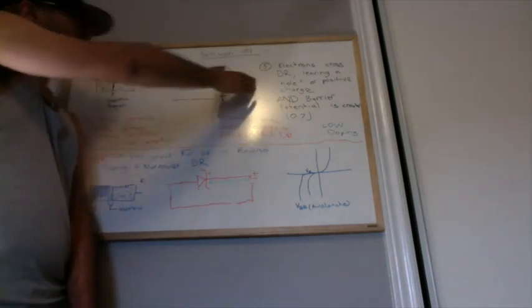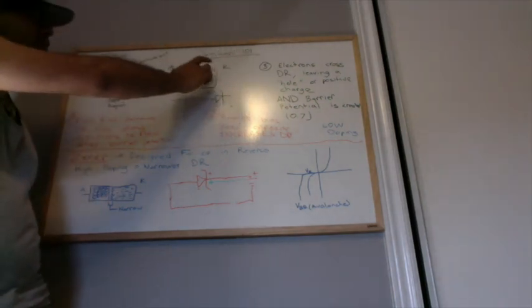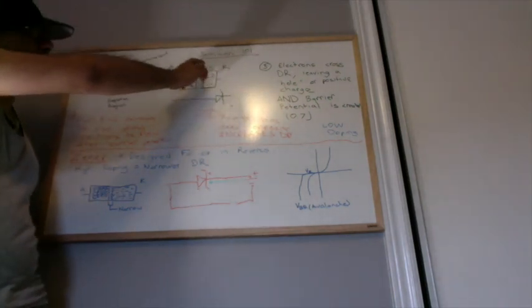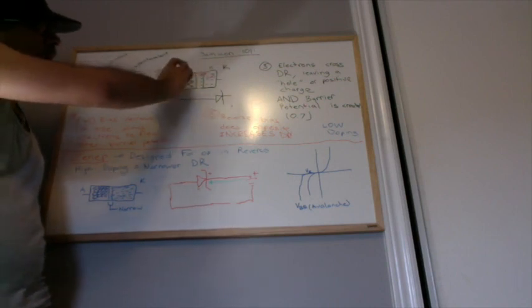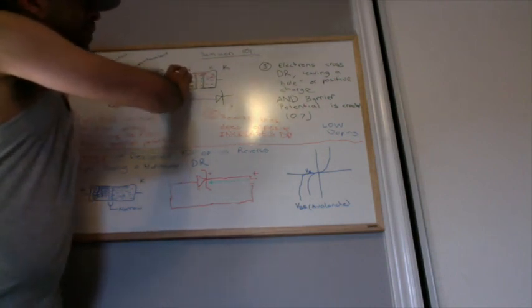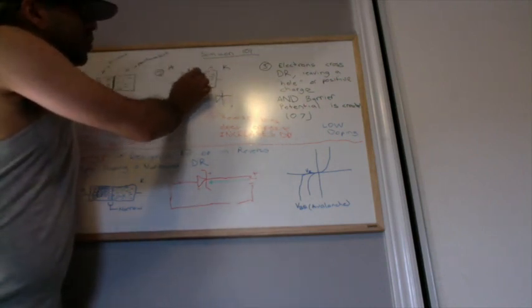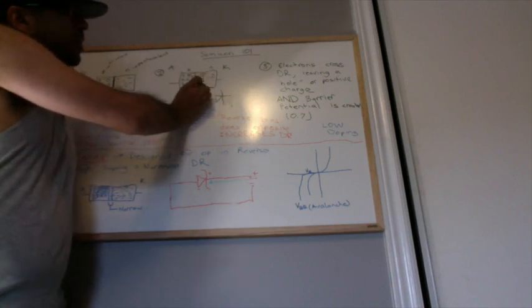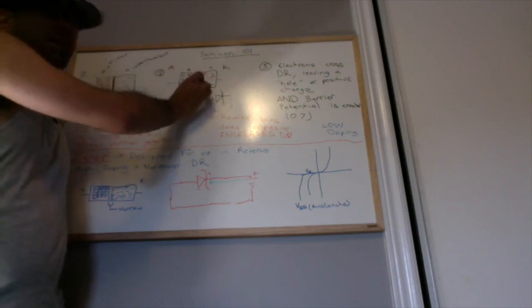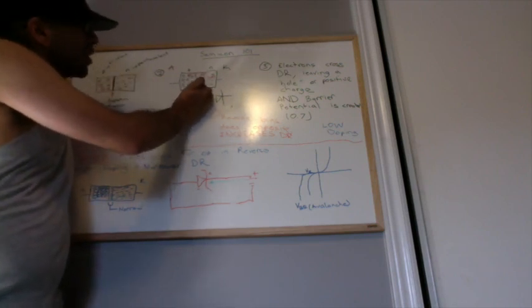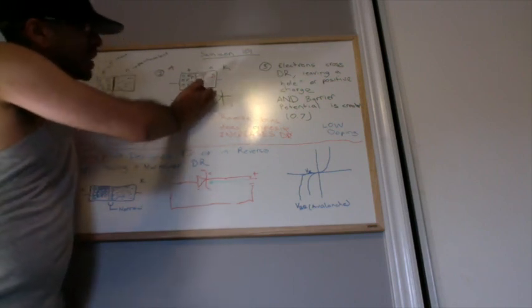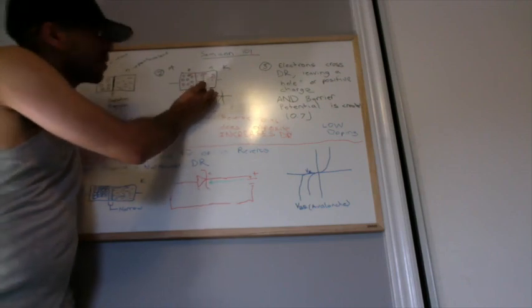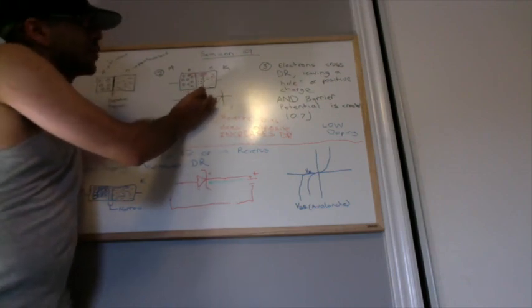So as electrons go through the depletion region and to the P side, this potential barrier is created. Now, it takes 0.7 volts to create and get past this barrier potential.